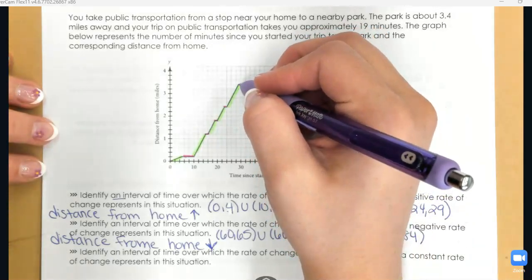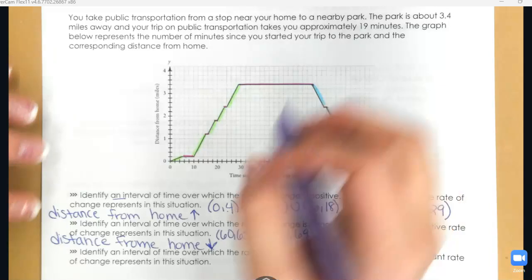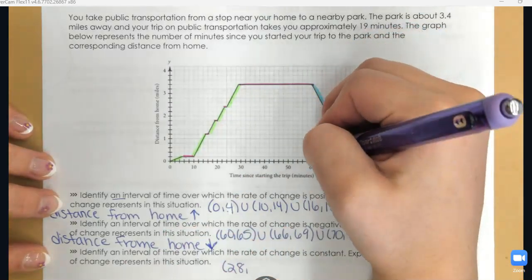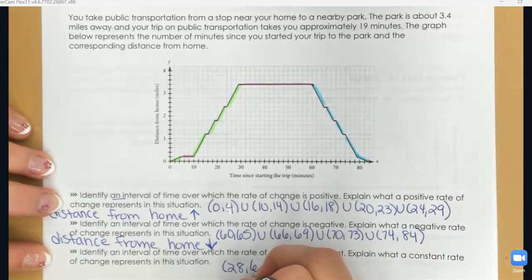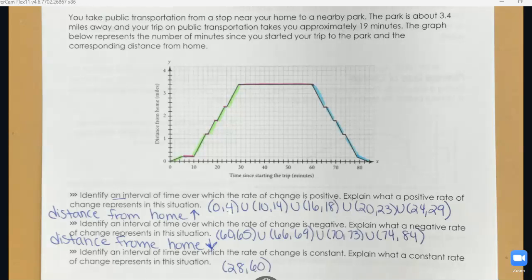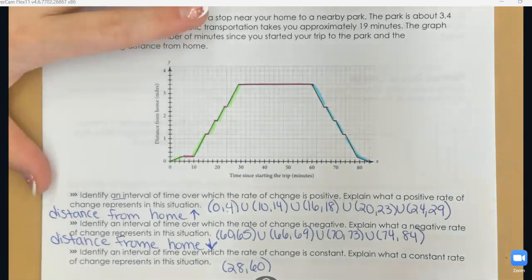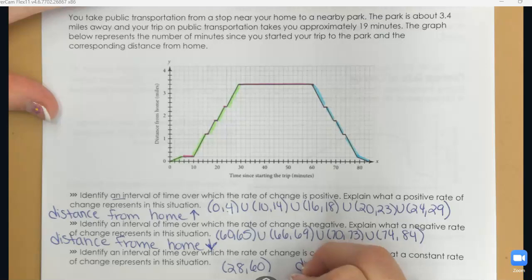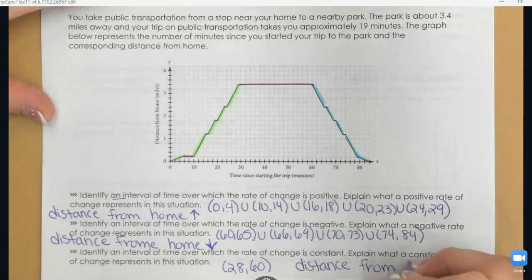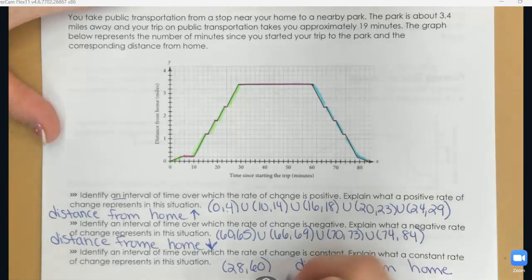So this is around minute 28 until minute 60. And again, you could list those smaller intervals, but they're pretty tiny. And what does that represent in this situation? That means that your distance from home is not changing. So you are staying put.